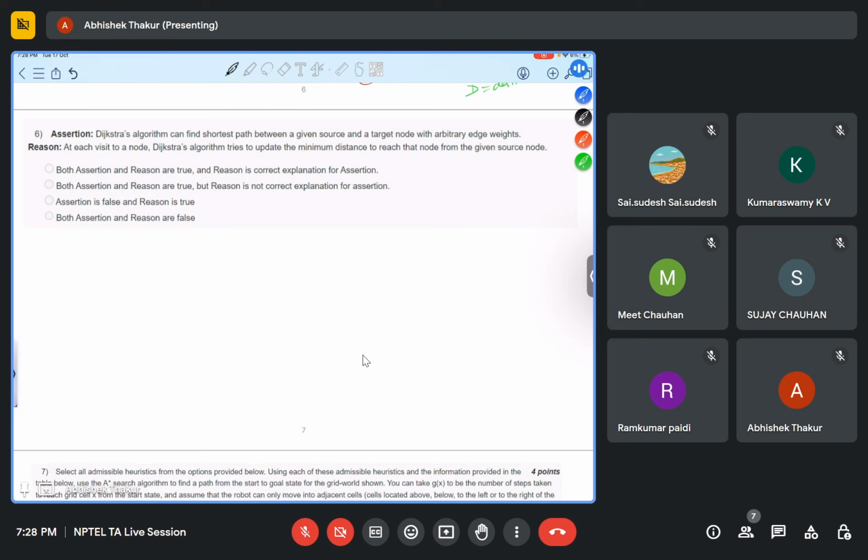And the reason is that each visit to a node, the algorithm tries to update the minimum distance to reach that node from the given source node. So the reason is correct, but the assertion is false, and it is not the correct explanation because the assertion is itself false. So option C is the correct answer for this question.